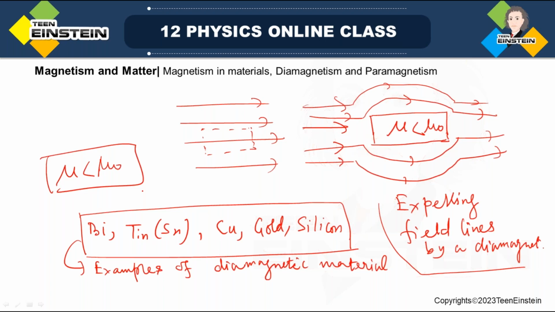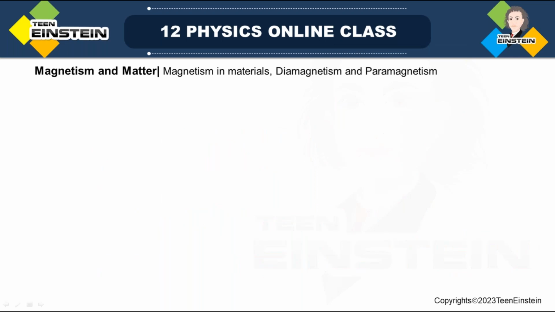See, a perfect diamagnet. Can you give me some example of a perfect diamagnet? Actually, a superconductor. A superconductor is a perfect diamagnet. This is an important point. You have to remember this.